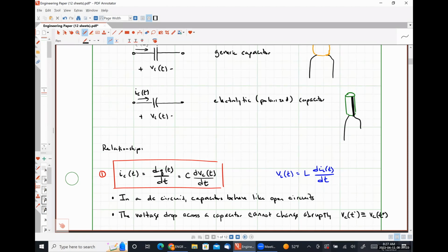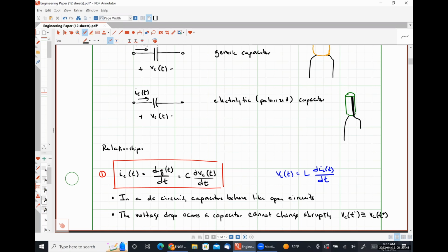And again, it's very similar to what we had for the inductor relationships, except it's the exact opposite. We knew that V had to be 0 for inductors, which means I has to be 0 for capacitors. If the current can't change abruptly in an inductor, that means the voltage can't change abruptly in a capacitor.